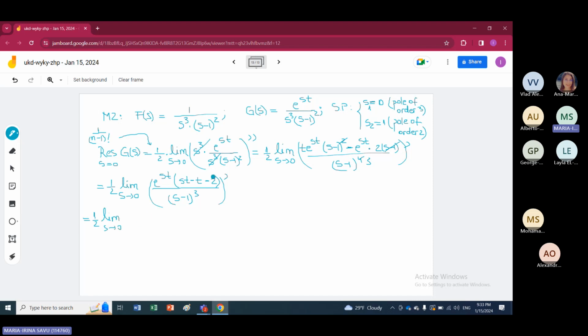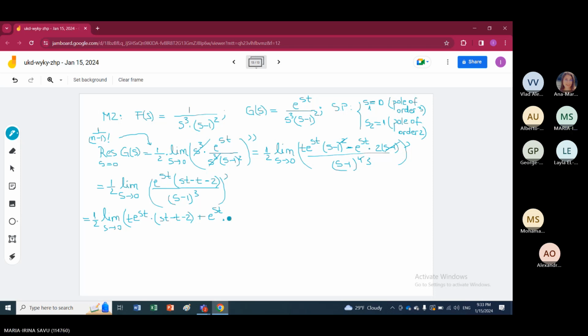The derivative of this one must be computed as a product. So when you compute the derivative of this one, you have the derivative of the exponential, which is t e at st, times (st minus t minus 2), plus the exponential function times the derivative of this one. But t is the variable, it's a constant, so the derivative of this one will be just t.